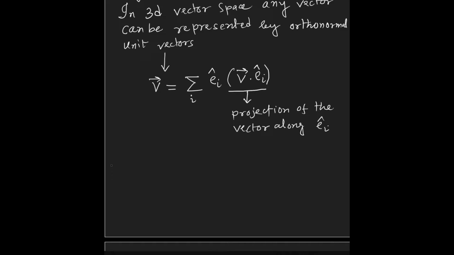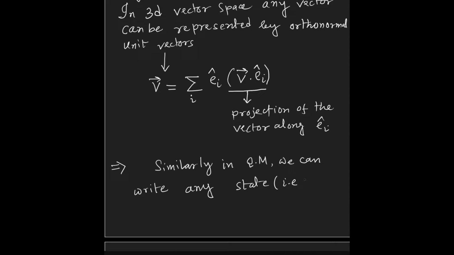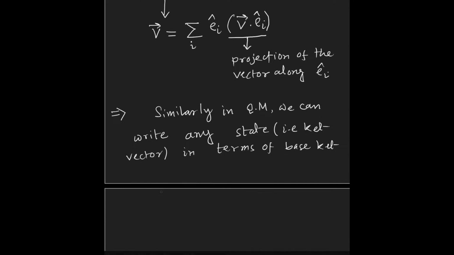Similar to these orthonormal unit vectors, in quantum mechanics we can write any state, that is, a ket vector, in terms of base kets.